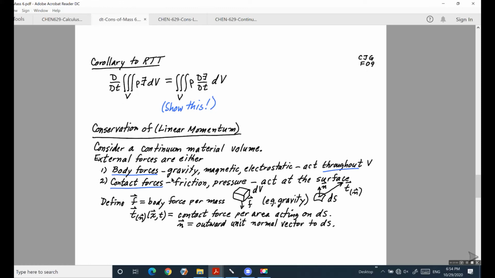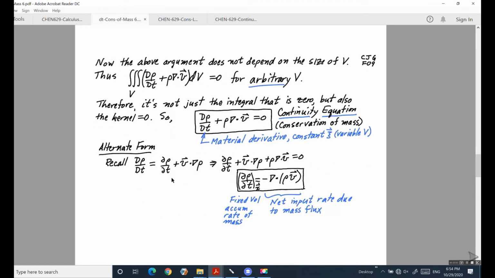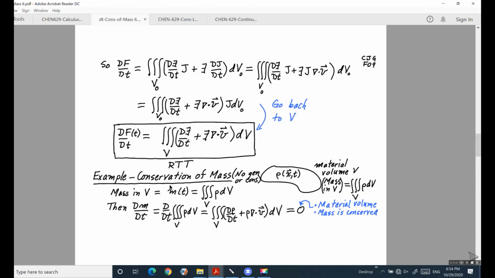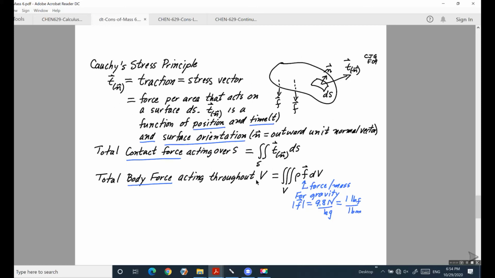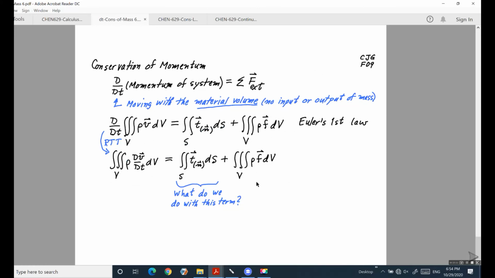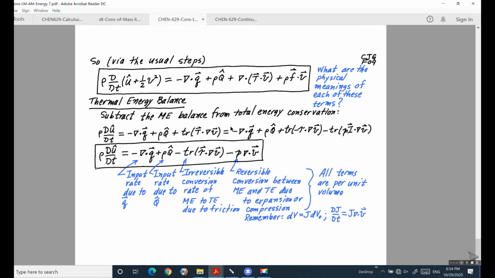If you remember, this is our continuity equation, conservation of mass, and these are the different forms. Finally, this is our next slide.